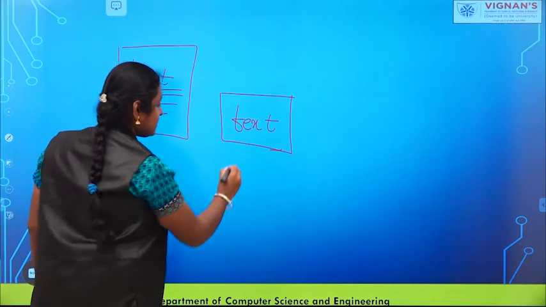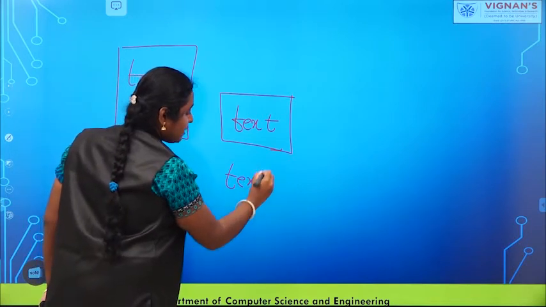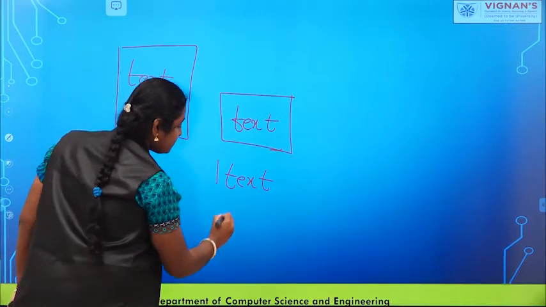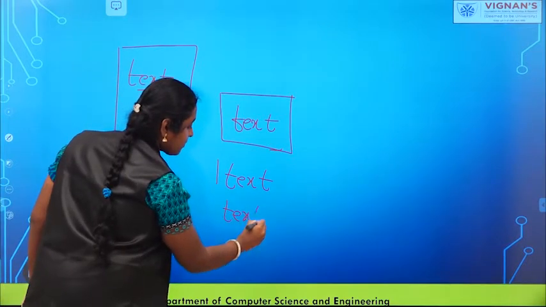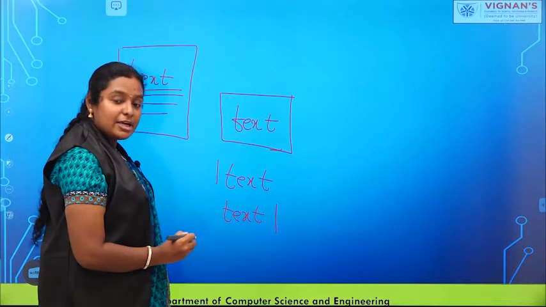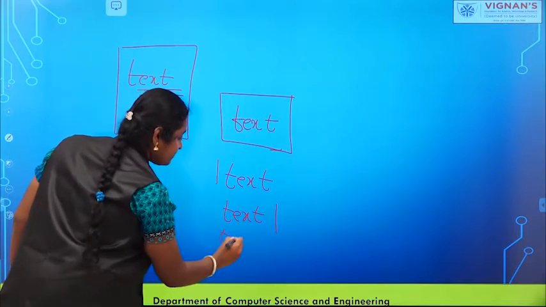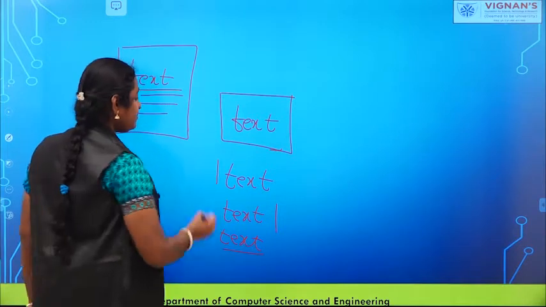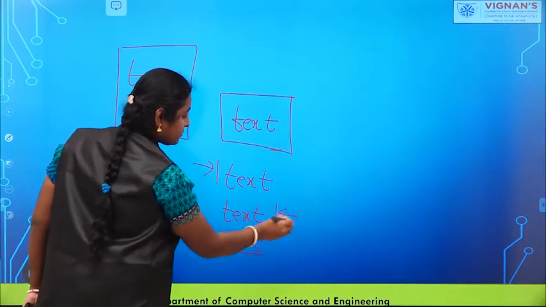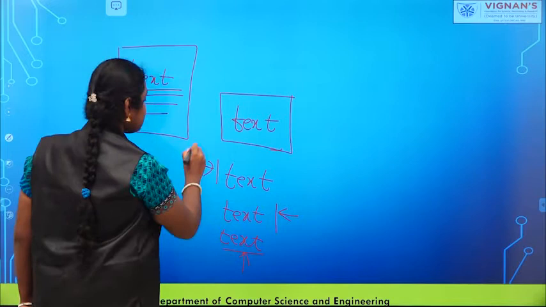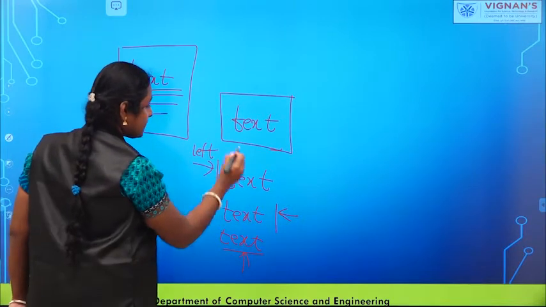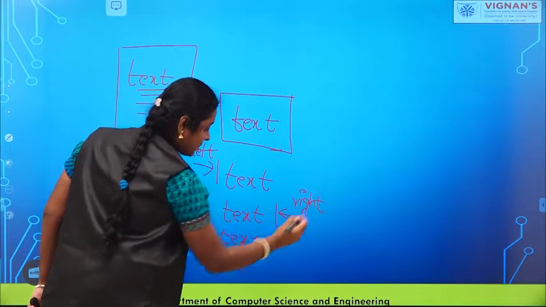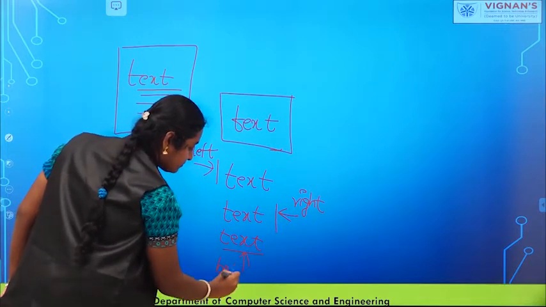If you take some text, you can write only a single border, either it may be left border or only a right border, or only a bottom border. So this is left border, this is right border, this is bottom border.